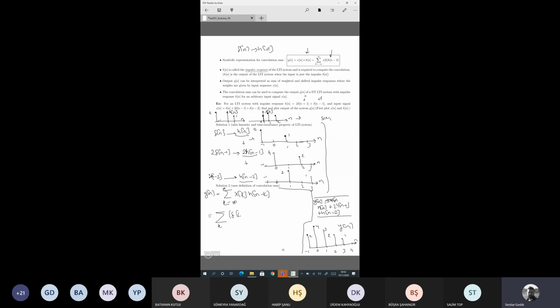It is impulse of k plus 2 impulse of k minus 1, times 2 times impulse of n minus k plus 1 plus impulse of n minus k minus 1. So I have x of n, which is impulse of n plus 2 impulse of n minus 1, and it goes on like this. So in order to find x of k, I will simply put k instead of n.